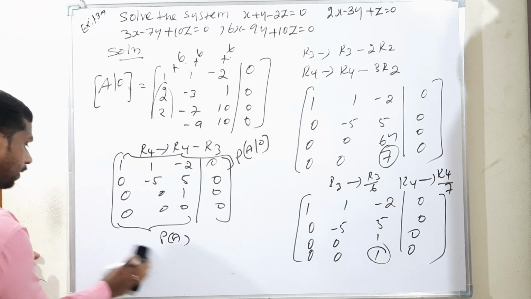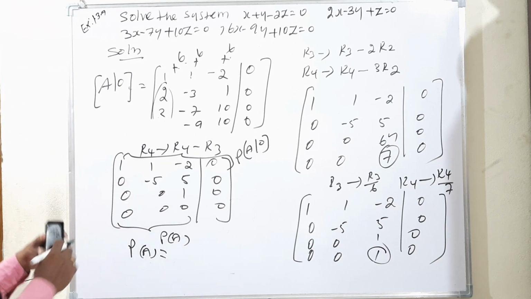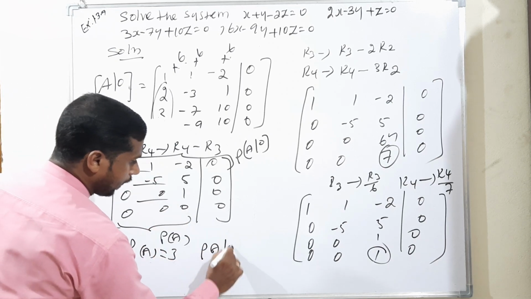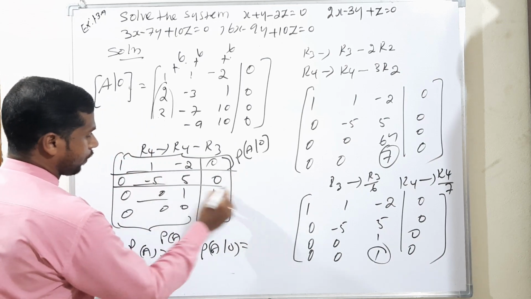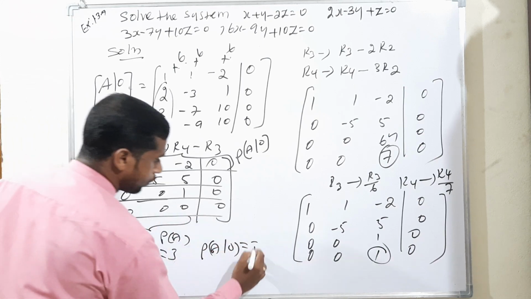So first we have to check it. Rank of A is equal to how many non-zero rows are there? 1, 2, 3 are there. Then rank of A with O also: look there, the third row is also non-zero, but the fourth row is a completely 0 row. Here also 3 will come.